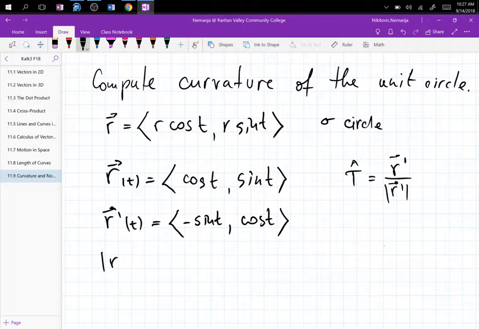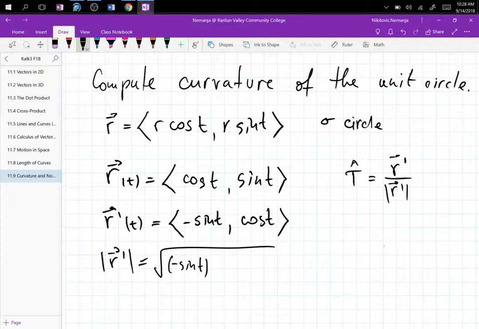Now, what's the magnitude of R prime? Isn't it going to be negative sine t squared plus cosine t squared, under the square root? Perfect. Negative sine squared plus cosine t squared under the root, so it's 1.